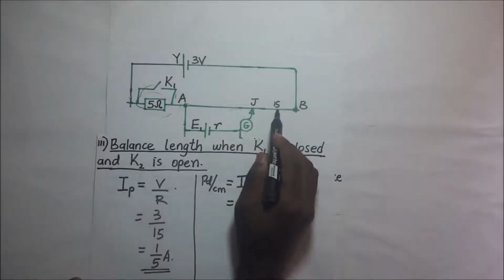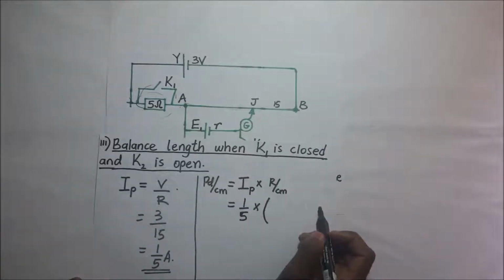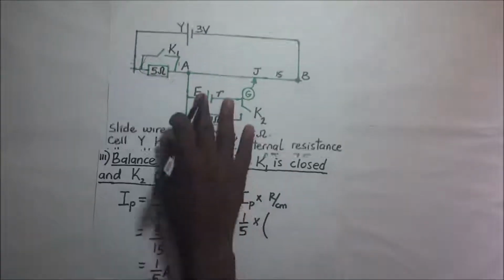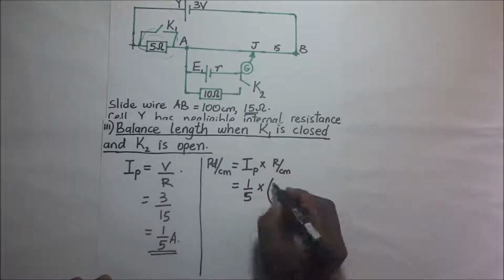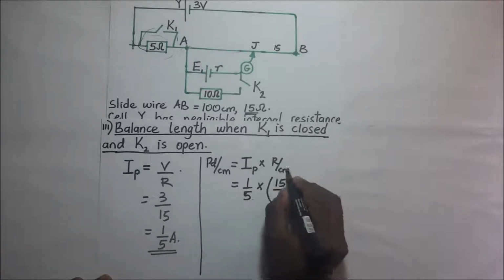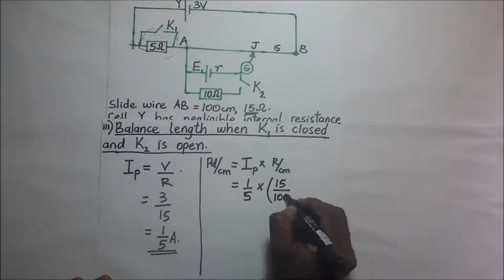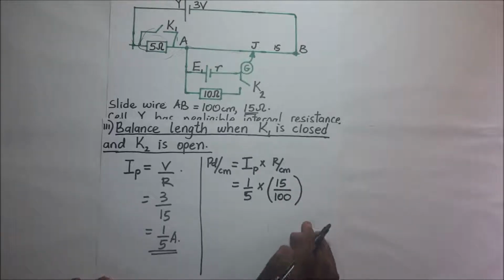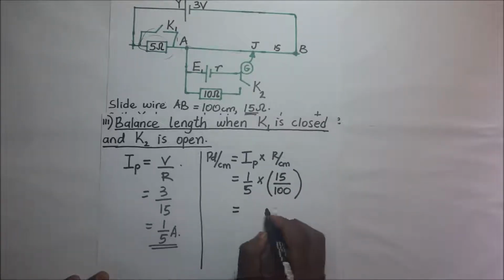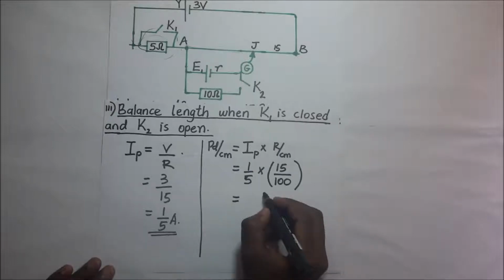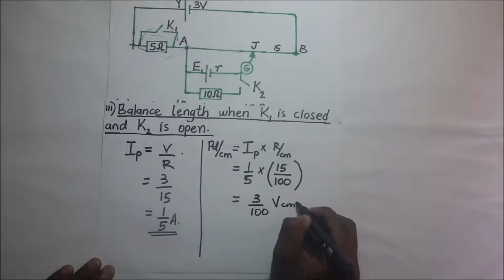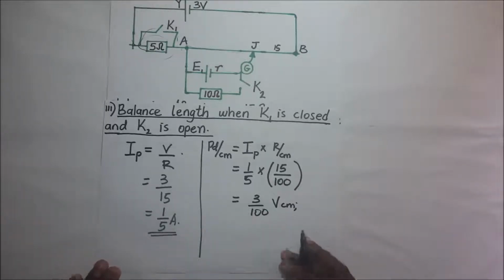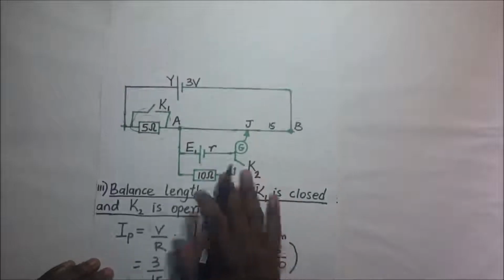The resistance of this wire, according to our question, is 15 ohms, divided by 100, because the entire wire is 100 centimeters. So we shall end up with our new PD per centimeter being 3/100 volts per centimeter.